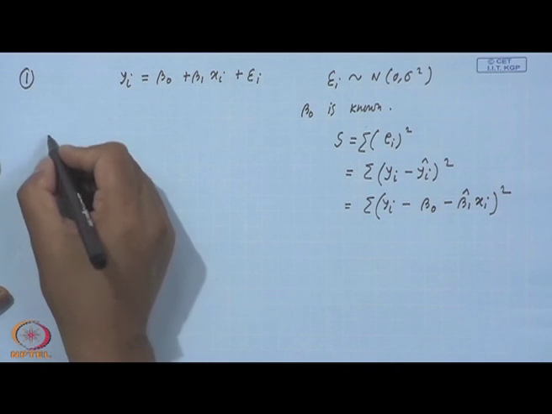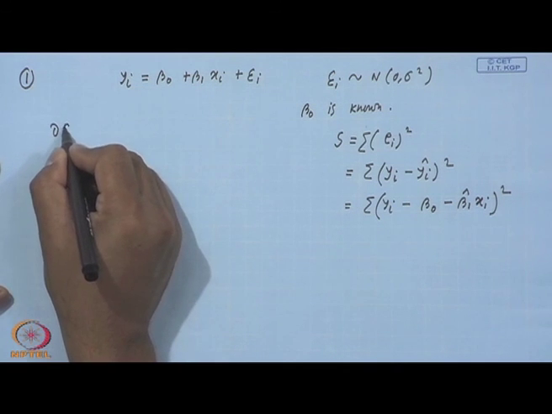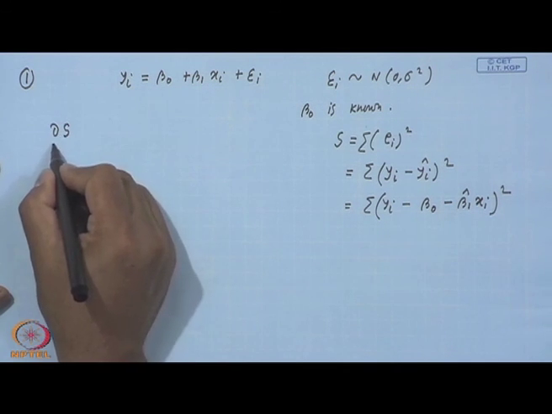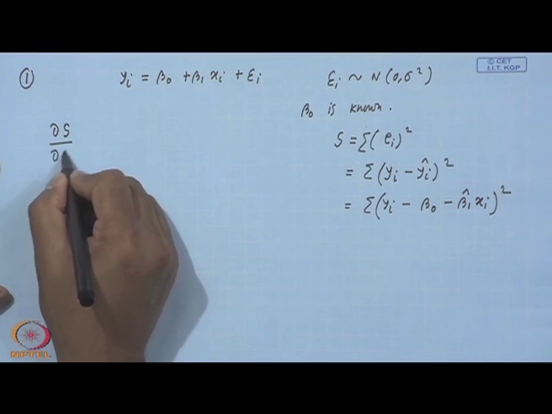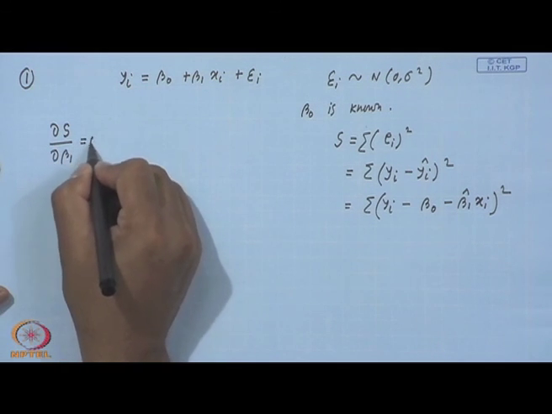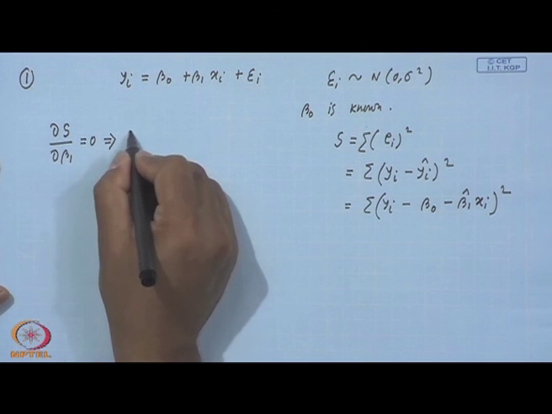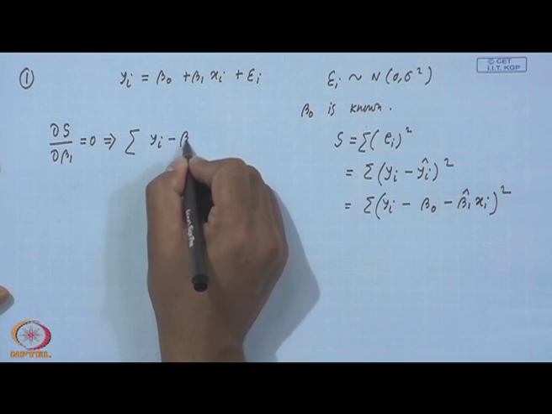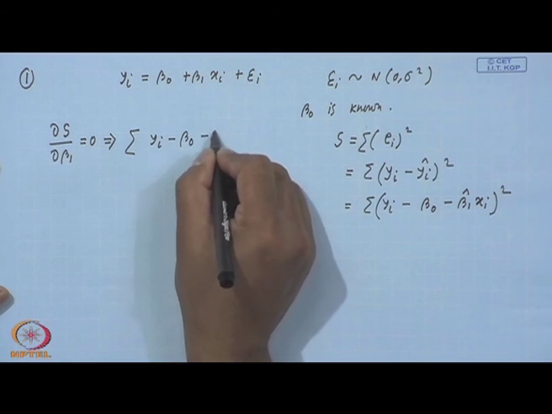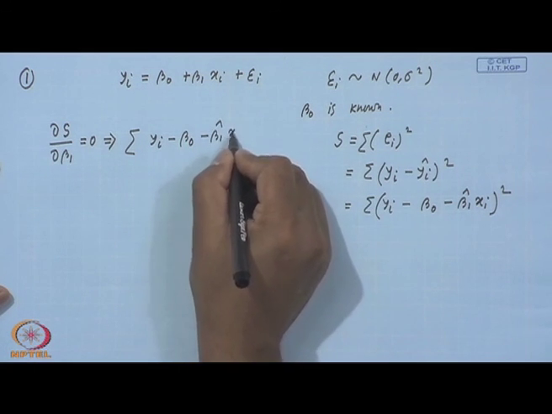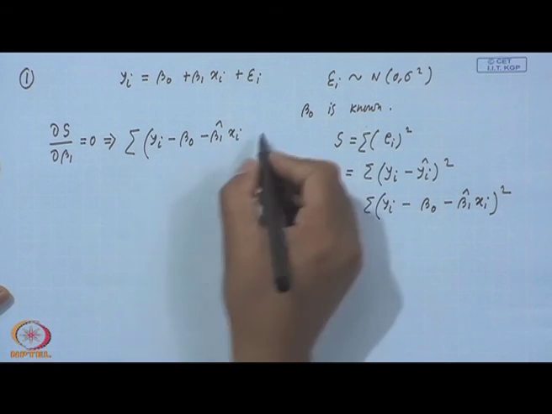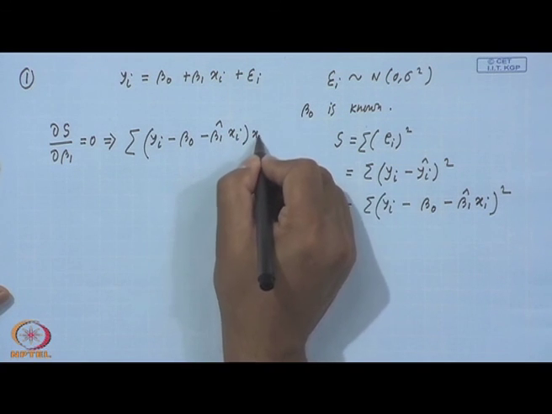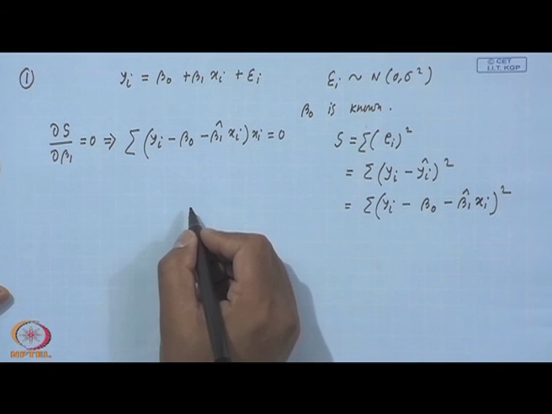Okay. So, we have to differentiate this least square function with respect to beta 1. Setting this equal to 0 implies summation of y I minus beta naught minus beta 1 hat x I, into x I, is equal to 0.